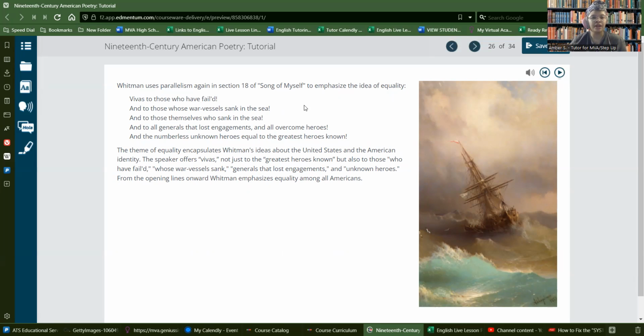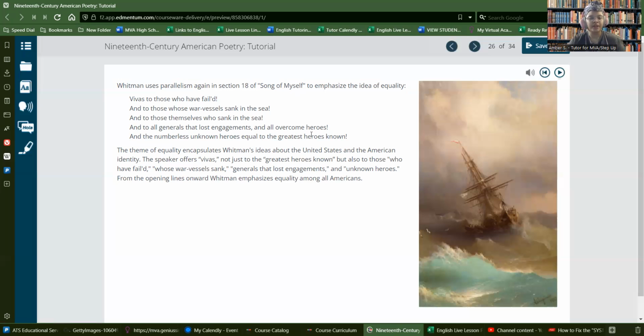And this repetition, again, just sort of brings together people who are trying to do noble things and people who are just trying to survive in everyday life. People whose war vessels sank and people who just sank themselves. So not even doing anything having to do with war. He's basically saying that everyone deserves to be acknowledged no matter if they are a big hero or not.